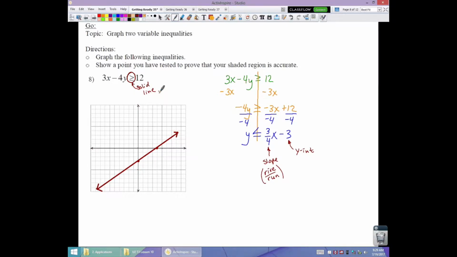Okay. Well, we can't use the original inequality symbol to make that choice unless we are substituting in a checkpoint. But when we have solved into slope-intercept form, we can trust that sign. So less than or equal tells me to shade everything under that line. So everything under the line is shaded.